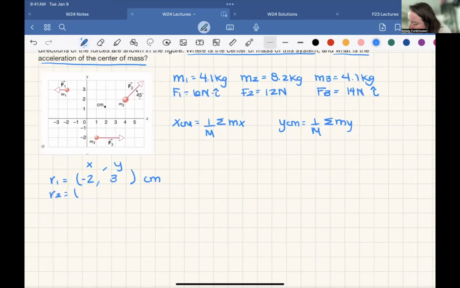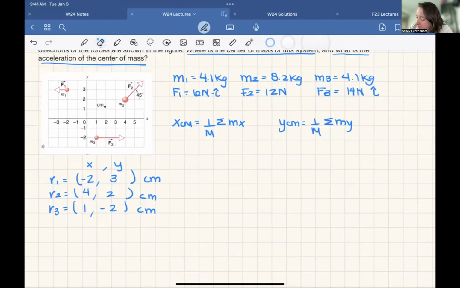For mass 2, we have 4 in x and 2 in y. And for the third one, we have 1 in x and negative 2 in y. Okay, so we can use those to find the x and y positions of the center of mass. Maybe I'll put centimeters here for all of them so we keep track of our units.